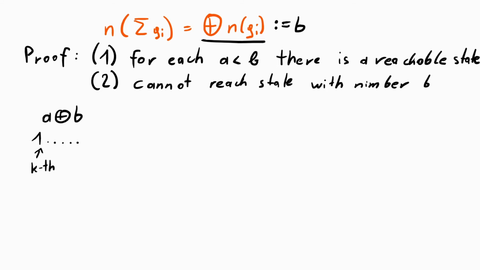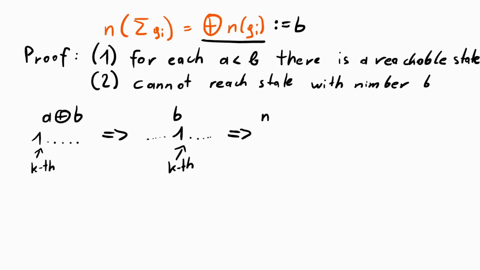Now because a is smaller than b, this also means that there has to be a 1 at the position k in the binary representation of b. And because b is the XOR of all the numbers, at least one of the numbers of the individual games also has to have a 1 at the k-th position. Without loss of generality, we can say this is the game G1.